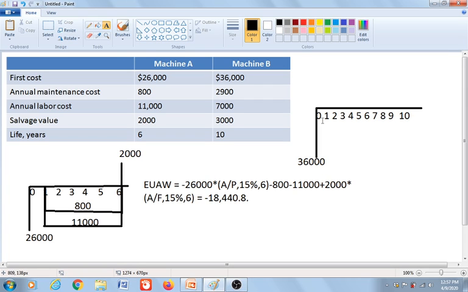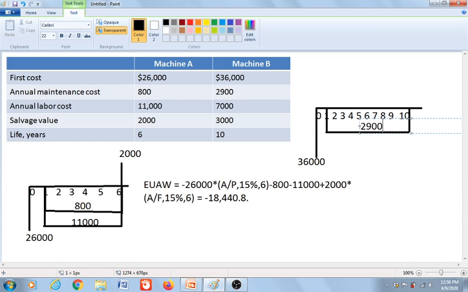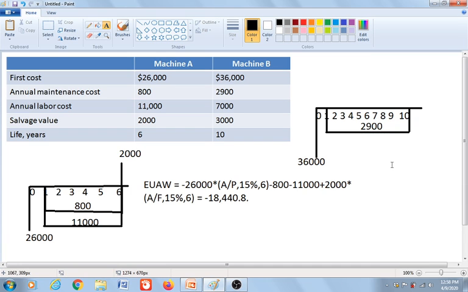Annual maintenance cost 2,900. Annual labor cost 7,000.